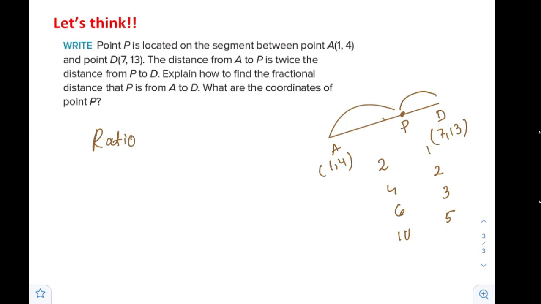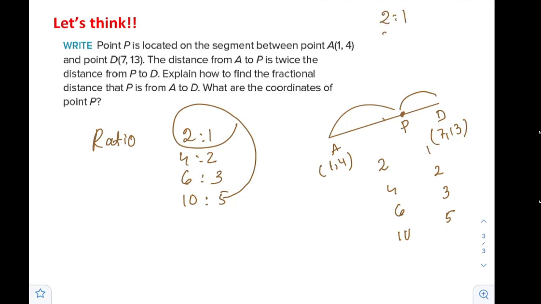The ratio here is 2 to 1, or 4 to 2, or 6 to 3, or 10 to 5, and all of them can be reduced to 2 to 1. Because if you simplify 10 to 5, divide by 5, it will be 2 to 1. Here, 4 divided by 2 on both sides, it will be 2 to 1. 6 by 3 is 2, 3 by 3 is 1. All of them tend to be 2 to 1.